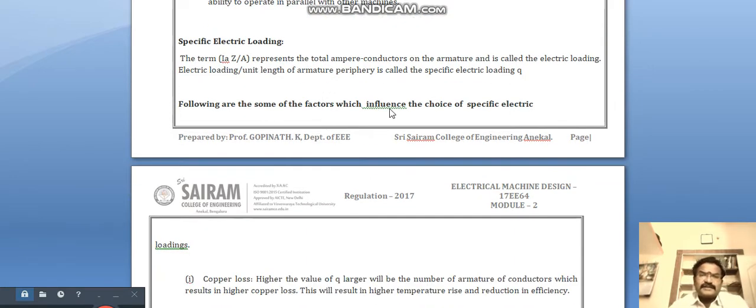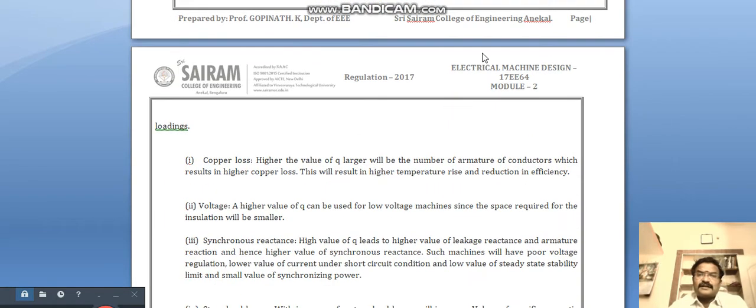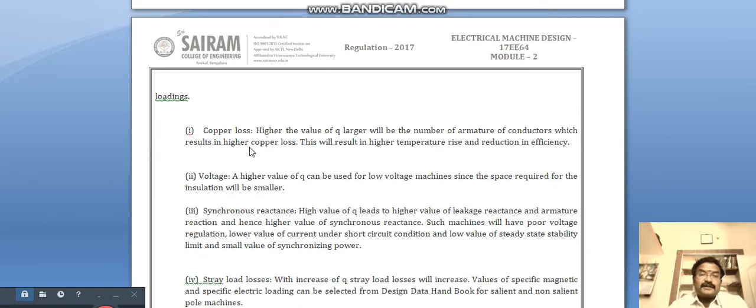Following are some of the factors that influence the choice of specific electric loading. Copper loss: the higher the value of Q, the larger the number of armature conductors, which results in higher copper loss. In a particular place we are placing more copper, so heat will be generated and losses will be present.